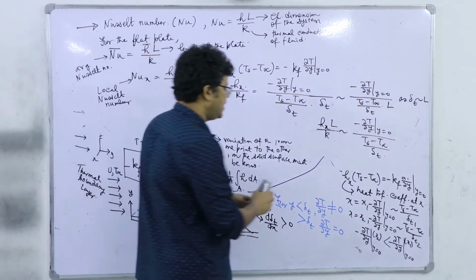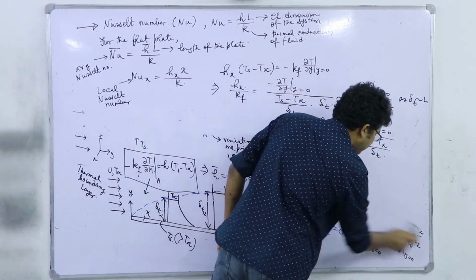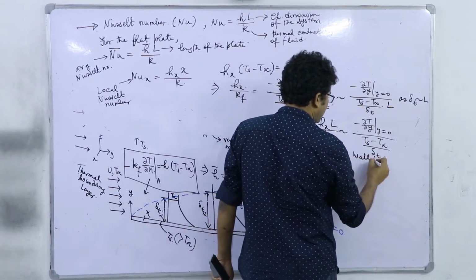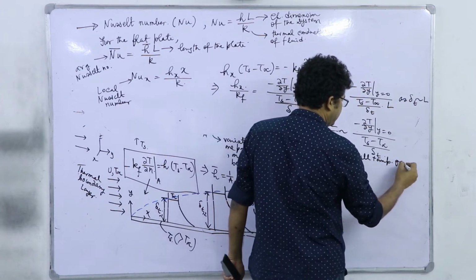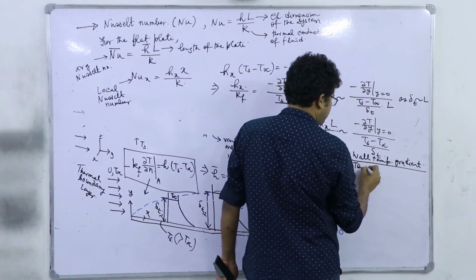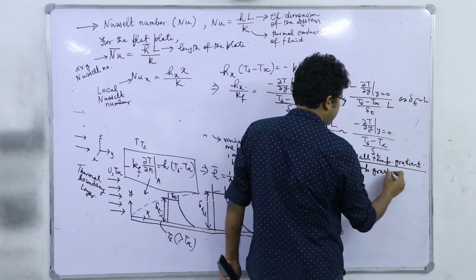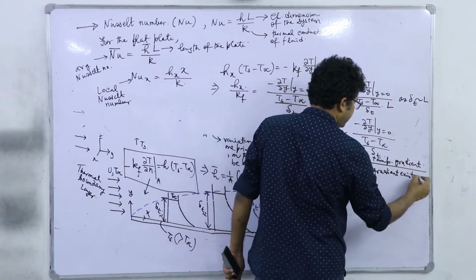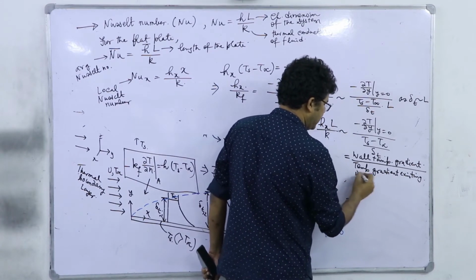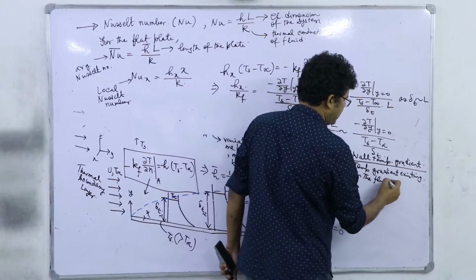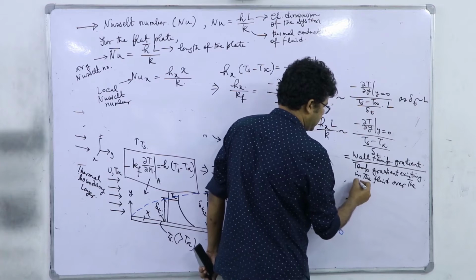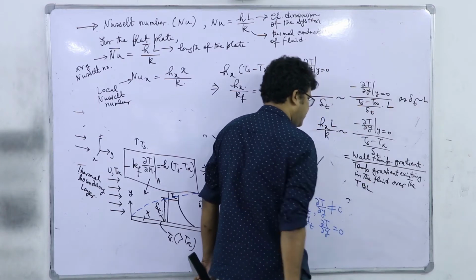So, what is the physical meaning of this ratio? This represents wall temperature gradient divided by temperature gradient existing across or existing in the fluid over the thermal boundary layer, right.